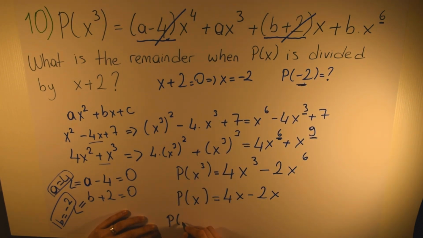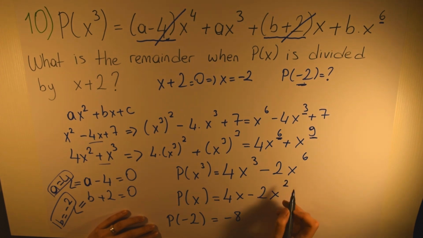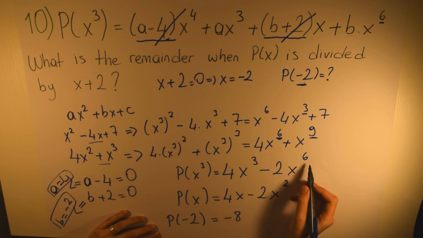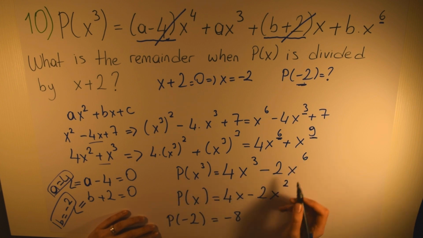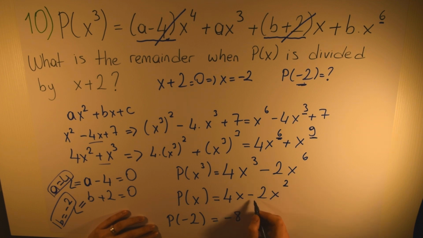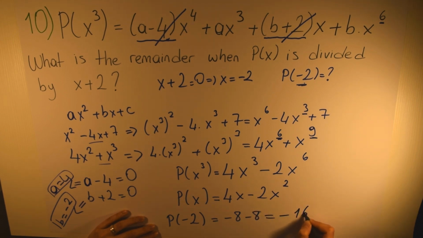Just put minus 2 instead of x. Oh, this is square, sorry, because when you multiply these two, you will get 6. So this is minus 2 squared, it's 4 times minus 2, it's minus 8, and from the first term you get minus 8, so our answer will be minus 16.